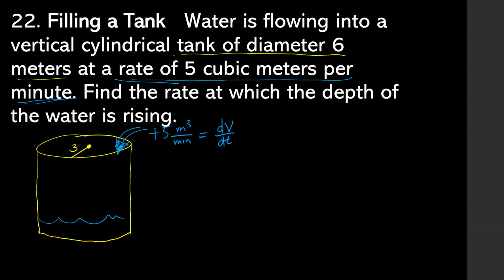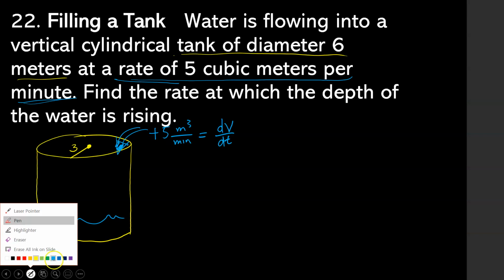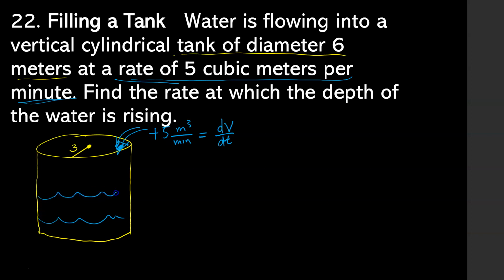Now, it doesn't give us anything about a particular moment in time. How come? Well, unlike filling up a cone, the sides of the tank are all, well, that's not the right way to say it.